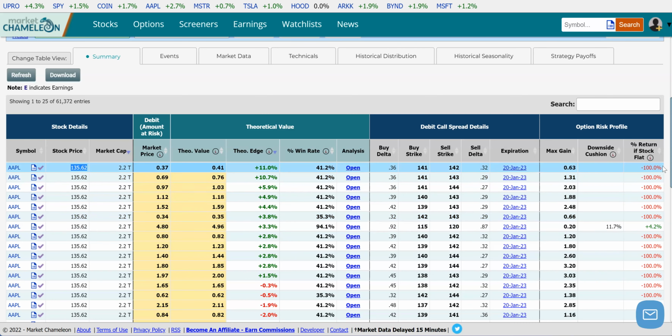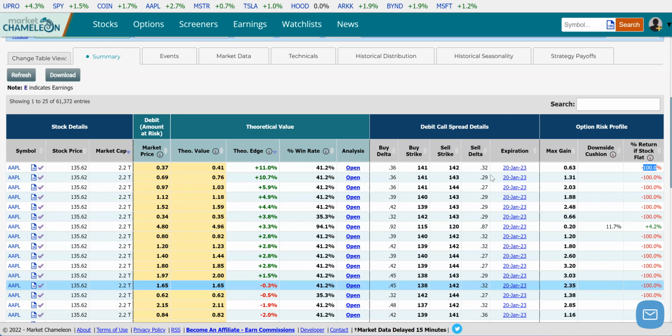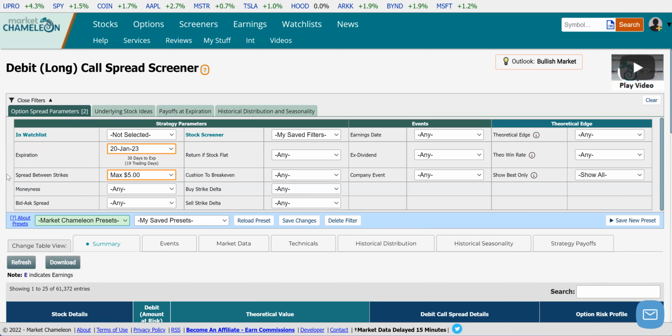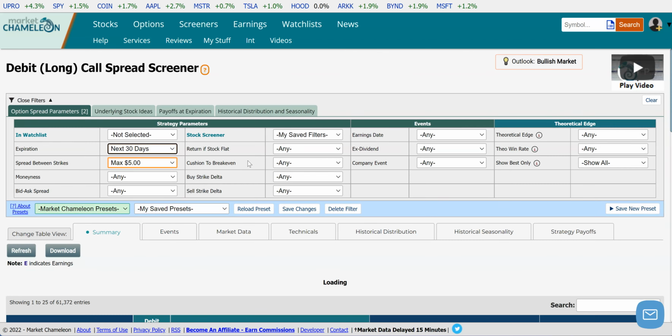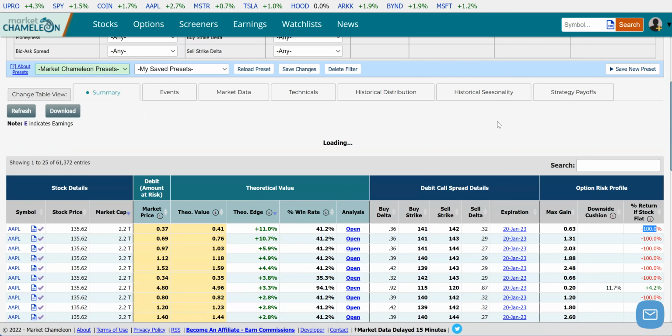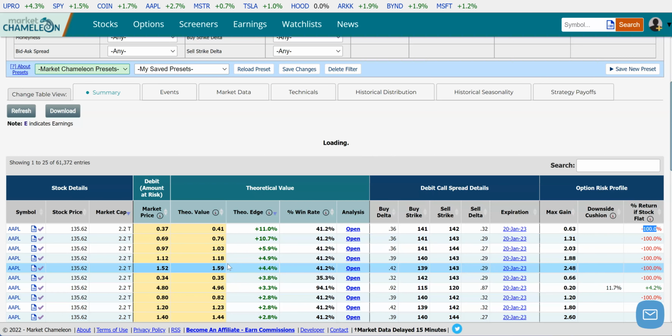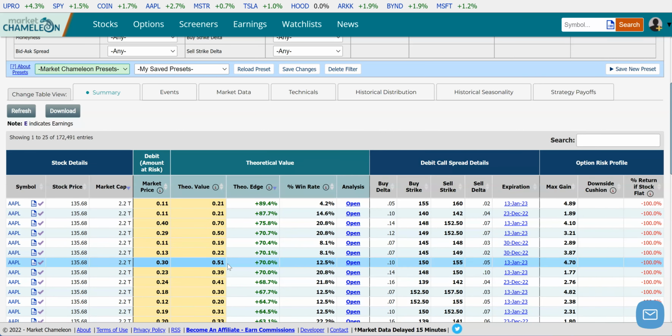But let's filter for ones where the stock is flat and it makes a pretty good return. I'm going to use the filters above here, and let's look for expirations, anything that expires within the next 30 days. When you do that, the call screener below will reload, and it's going to show all the different types of call spreads that are available with less than 30 days to expiration.